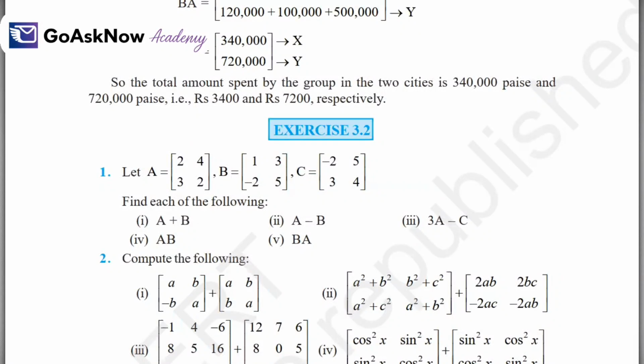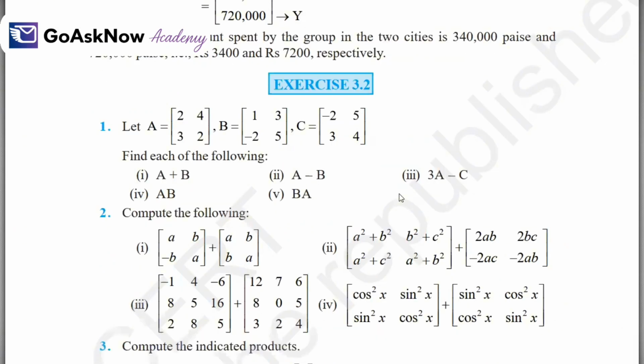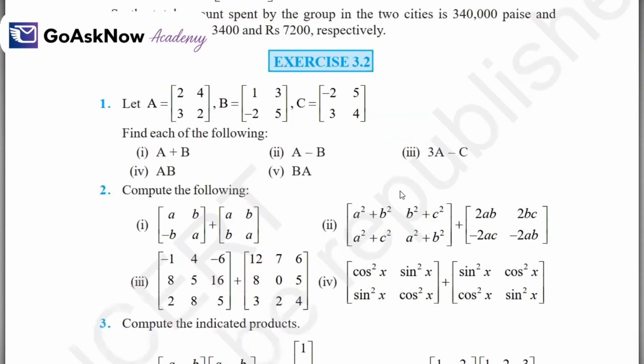Hello, dear students. In the last lecture, we have seen exercise 3.2 of your third chapter of Class 12 NCERT maths, that is matrices. We have already seen what is matrix addition and the definitions of matrices and some properties of matrix addition and subtraction.